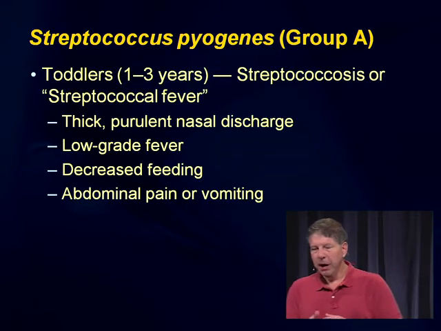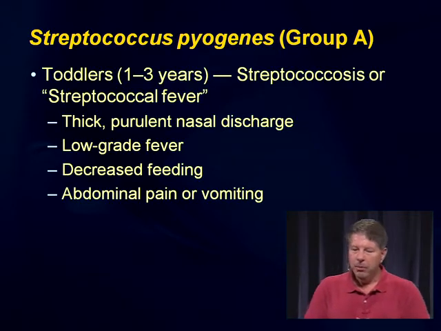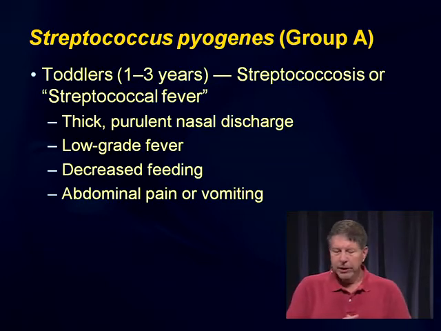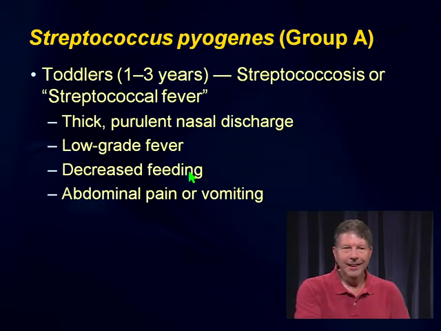They may complain of abdominal pain or have vomiting. And so treat it the same way. You're going to treat them. And generally, you can do this clinically if you've seen enough of these. But in general, they commonly on the test will give you this scenario and then ask you, what do you think the most likely thing is? Okay? And you'll say, maybe it's streptococcosis or streptococcal fever, or I want to be worried about strep here.